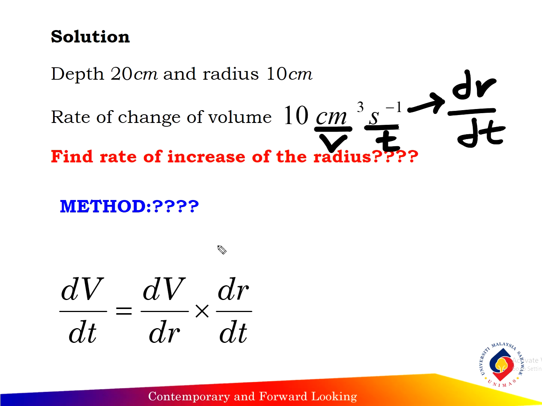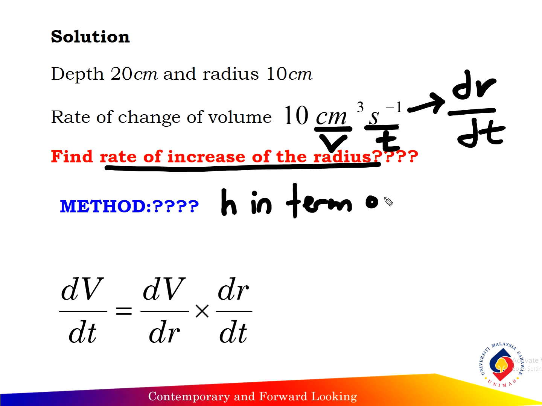Okay, and the question: find the rate of increase of the radius. So the method here: you write down the height in terms of the radius. First step, write down the parametric equation.